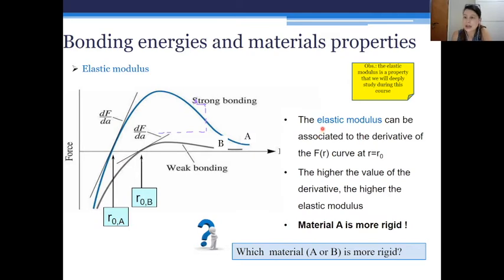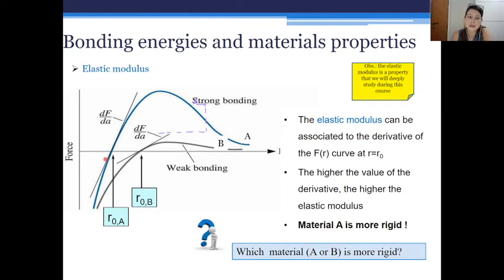The higher the elastic modulus, the more rigid the material is. And the elastic modulus is determined by the derivative of the force curve at the point where r, the interatomic distance, is equal to the equilibrium distance.